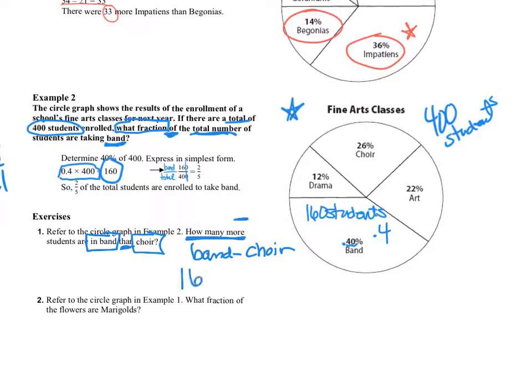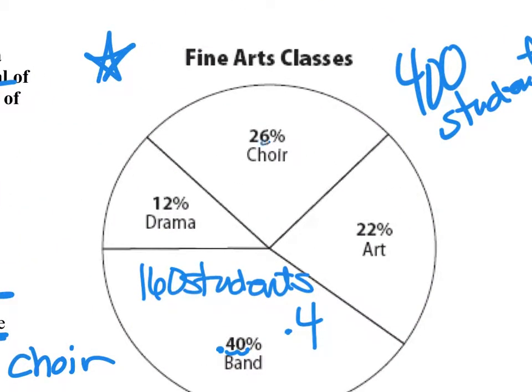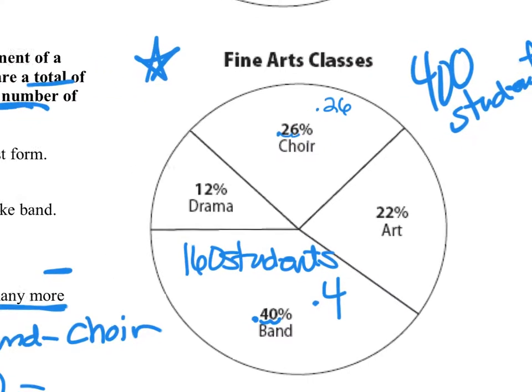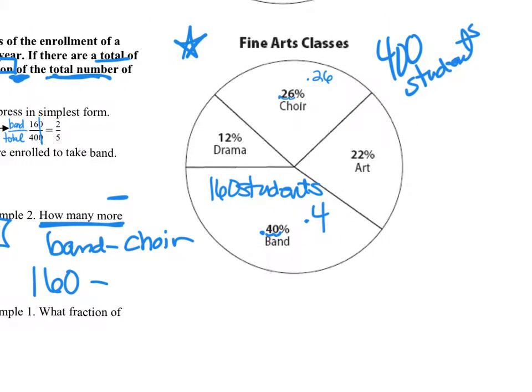So 160. Now, how do we figure out how many kids are actually in choir? 26%. I turned that 26% into a decimal, so that's going to be 0.26. And I want to multiply that by the total amount of students, 400. So 400 times 0.26.